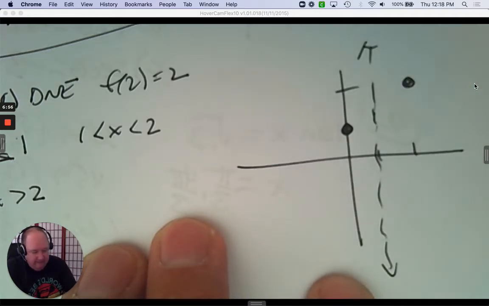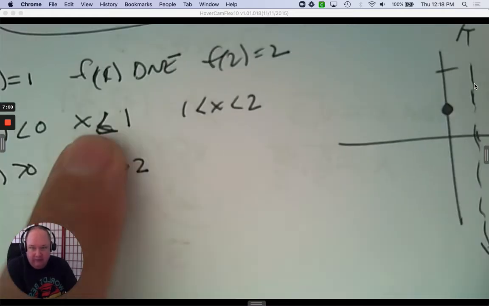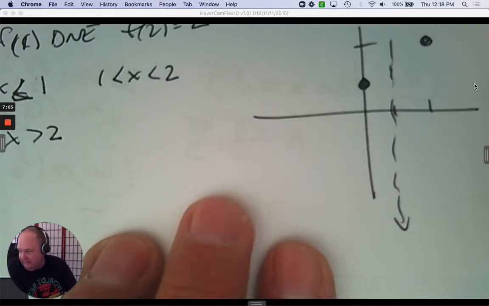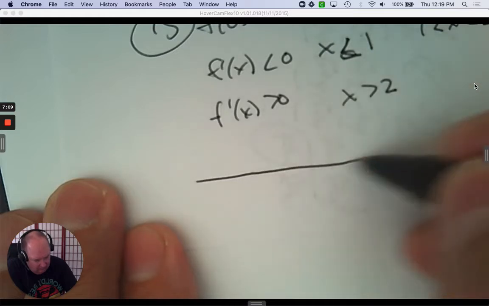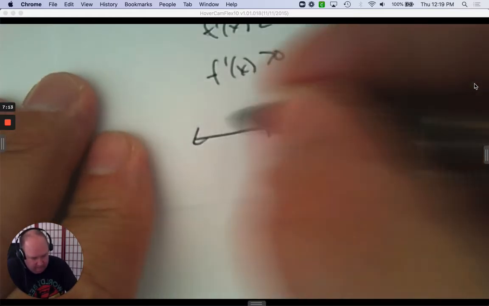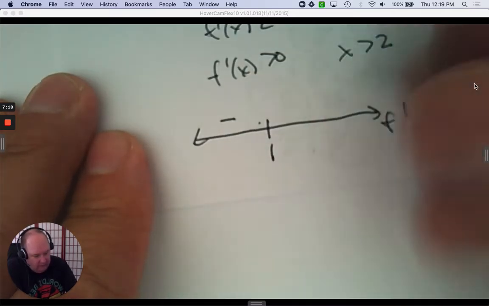All right. Then it says the derivative is negative when x is less than 1. So here's 1. That just means it's decreasing. And then it's also negative from 1 to 2.